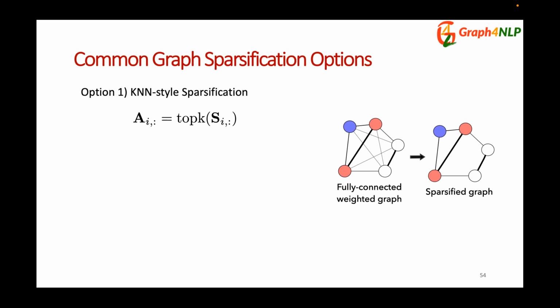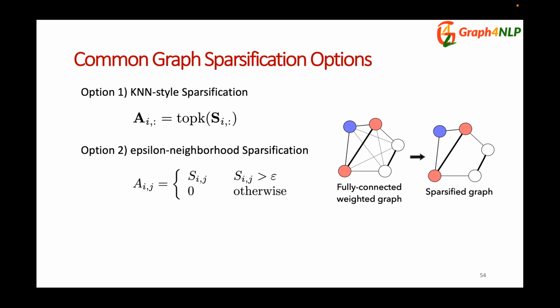As a result, we can get a sparse graph from the fully connected one. For epsilon neighborhood sparsification techniques, those elements in the attention matrix which are smaller than a non-negative threshold epsilon will be masked off. So we can also get a sparse graph by doing that.